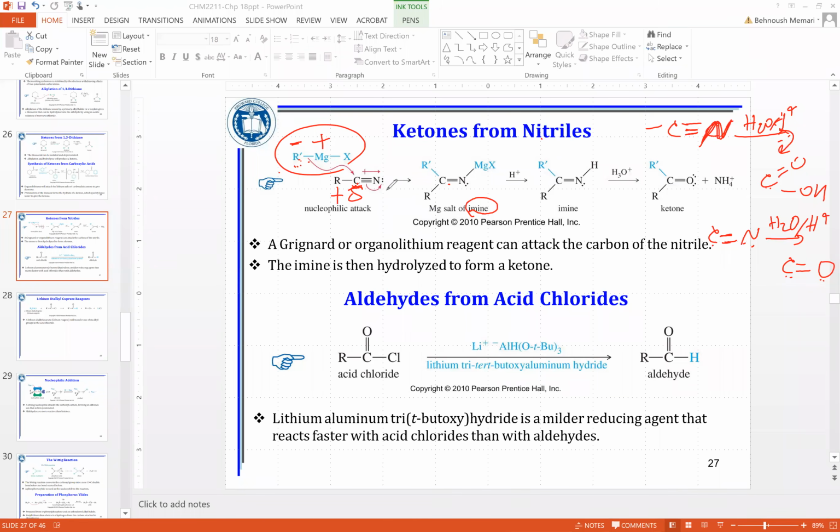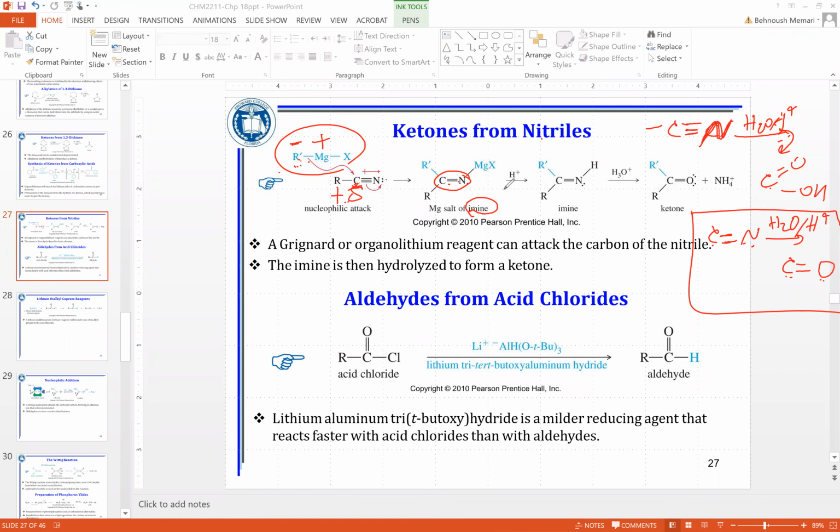In this case, when the Grignard comes in and forms a bond with the carbon with the positive charge, there are two cases. Either you have a leaving group or there is no leaving group. Nitrogen is not a good leaving group and R is not a good leaving group. So if there is no leaving group, a pi bond will break. So the C≡N triple bond would change to a C=N double bond. Now, what happens if you have a C=N double bond and you hydrolyze it?